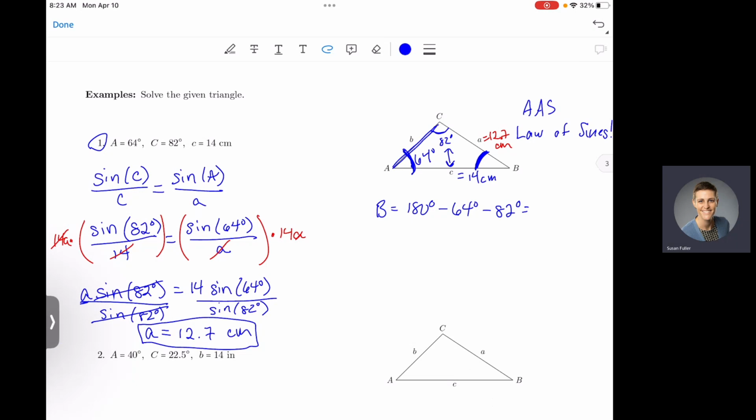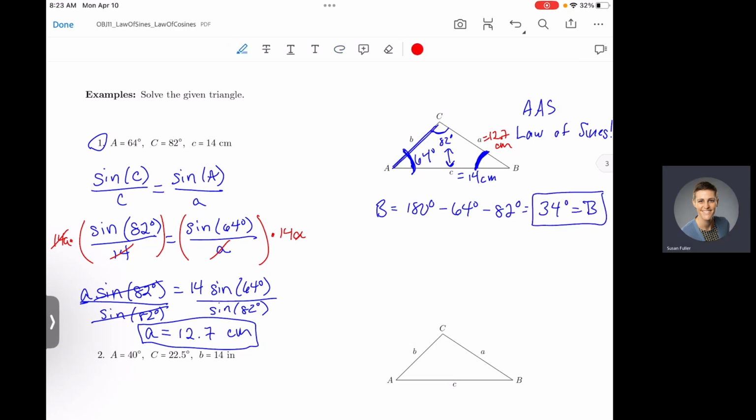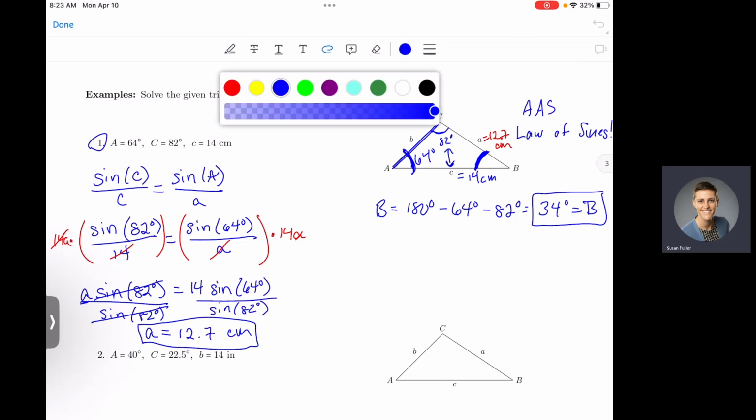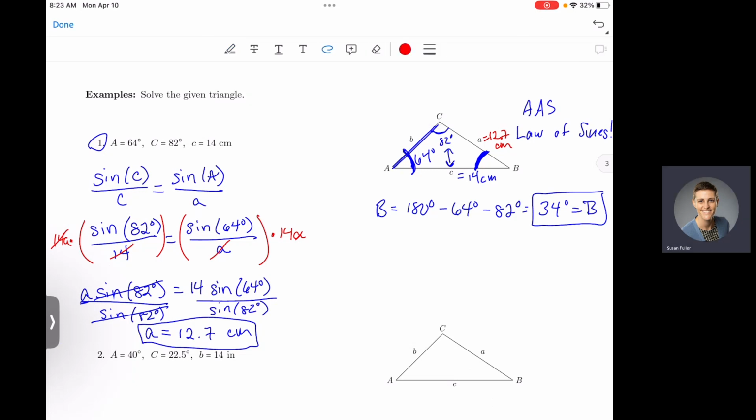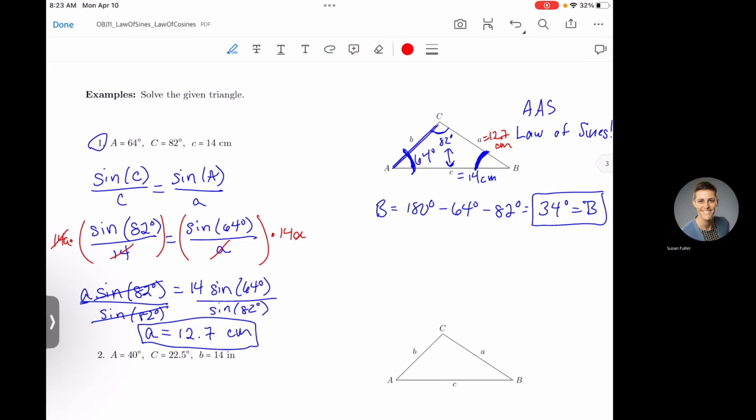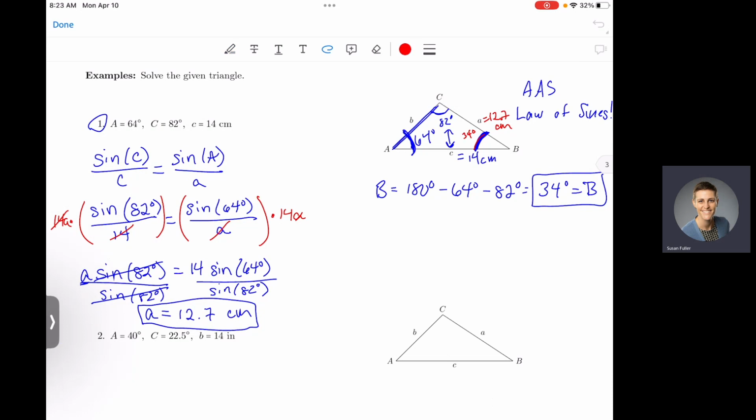And I have 34 degrees for angle B. So now that I have angle B, we can figure out how to solve for side B.